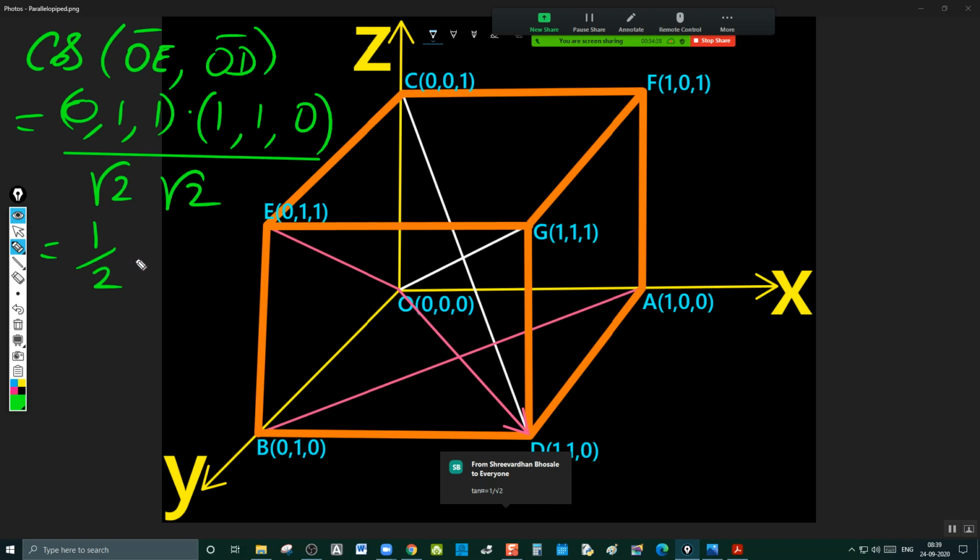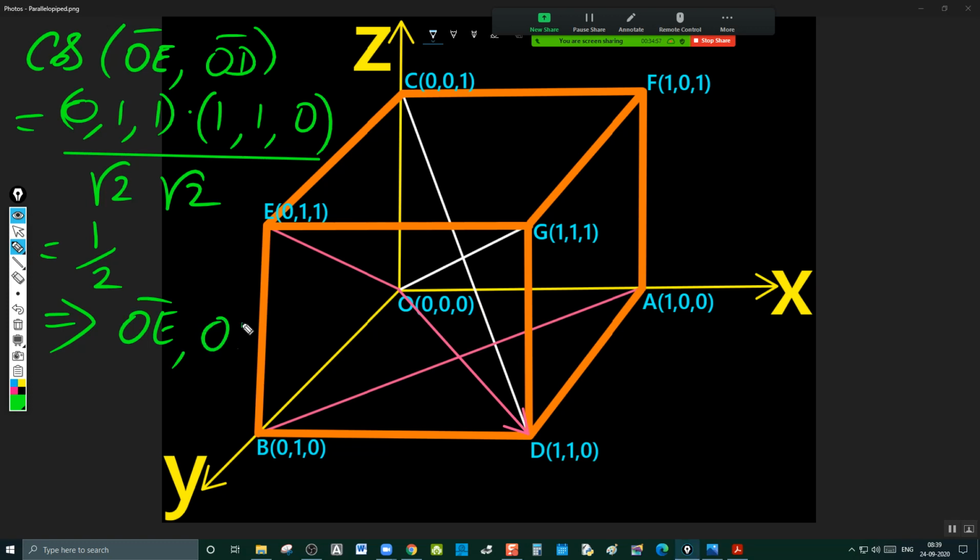Srivardhan is saying tan alpha is 1 by root 2. So we have got it to be 1 by 2, means what should be the angle? Respond, please. If you do not respond, I'll have to consider that you are sleeping. For what value of the angle does cos become 1 by 2? 60 degrees.